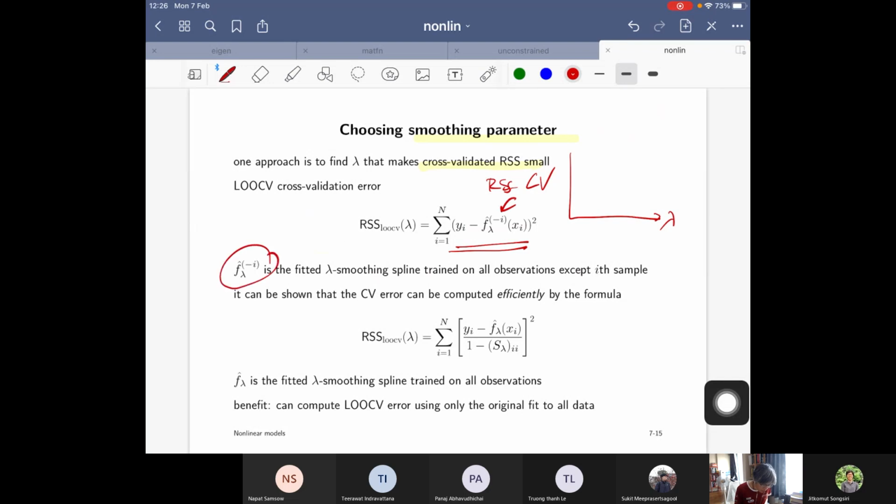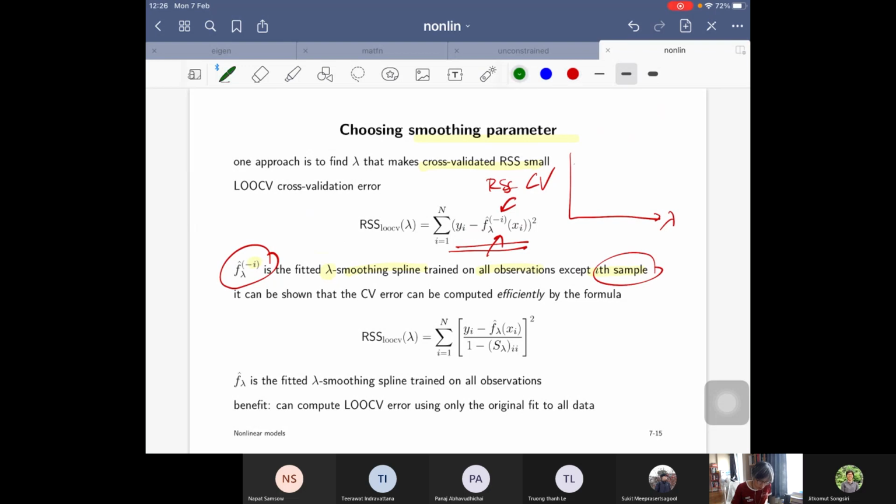Note that f hat with the superscript minus i is the fitted value from the smoothing spline that you train using lambda, when you fit it on all observations except the i-th sample. So this is the left-out sample by this notation.